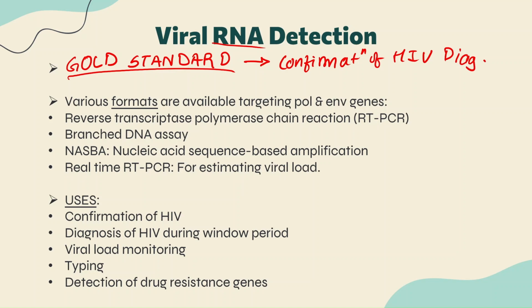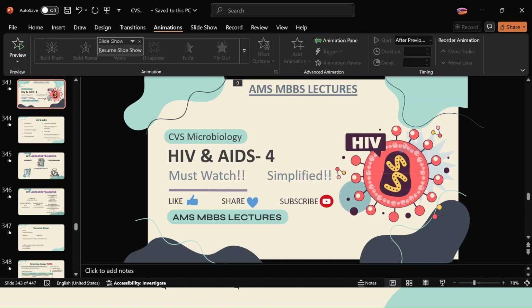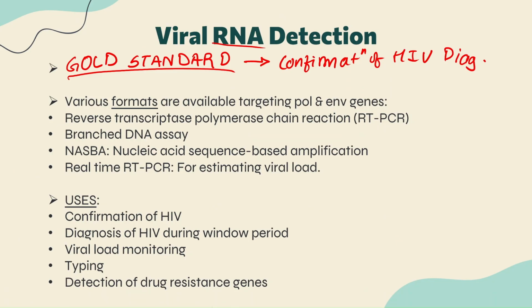Now this RNA detection test is available in various formats, targeting the pol genes or the env genes.